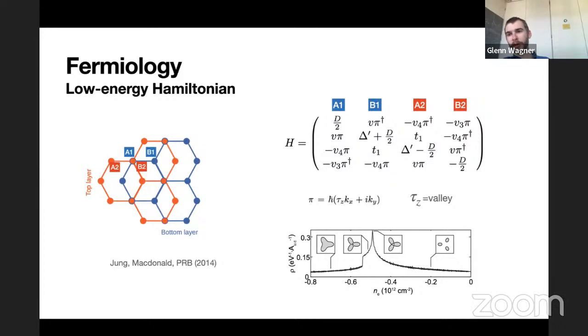If you take the tight binding model and expand it, you find this delta prime term, so we take that value from some microscopic theory. Actually, we also neglected the delta prime at some point, and it didn't change the results, so it doesn't seem to be too important. The more important terms are V4 and V3, which describe the trigonal warping. I think those are really the important ones in this Hamiltonian.